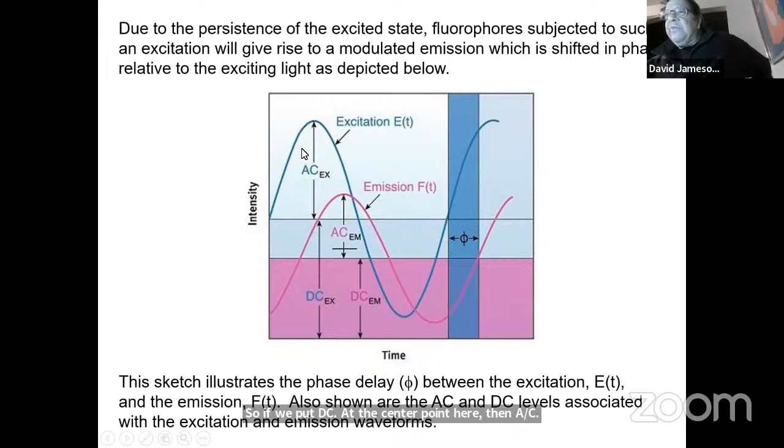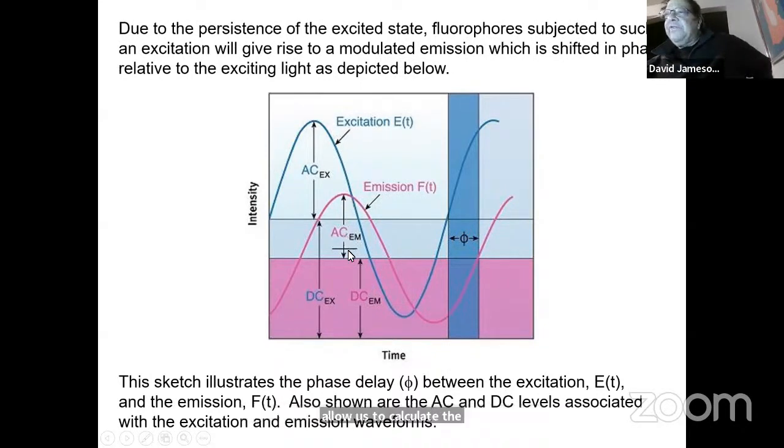And the modulation is the ratio of the AC over the DC. In such a case, the emission, because it stays in the excited state for some time, will be shifted in phase. Here we see it by a phase angle, phi. That's the phase shift, which will allow us to calculate the lifetime.